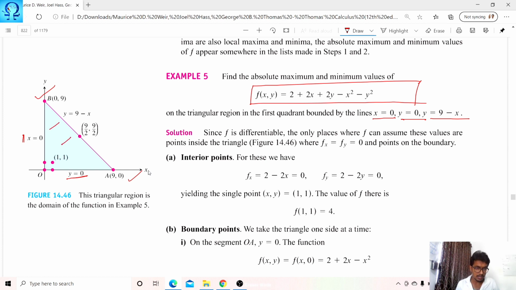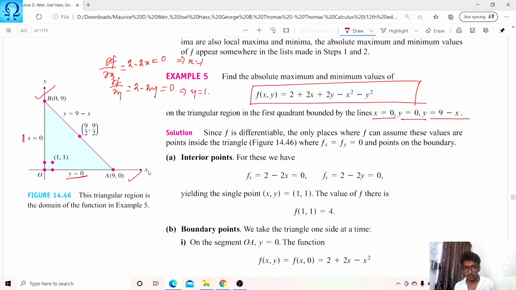So in this region, first we will have to identify the local maximum and local minimum at interior points, for which we will have to differentiate the given function with respect to x, and this gives me 2 minus 2x, and del f upon del y is again 2 minus 2y. If I equate them to 0, this gives me x is equal to 1 and y is equal to 1.